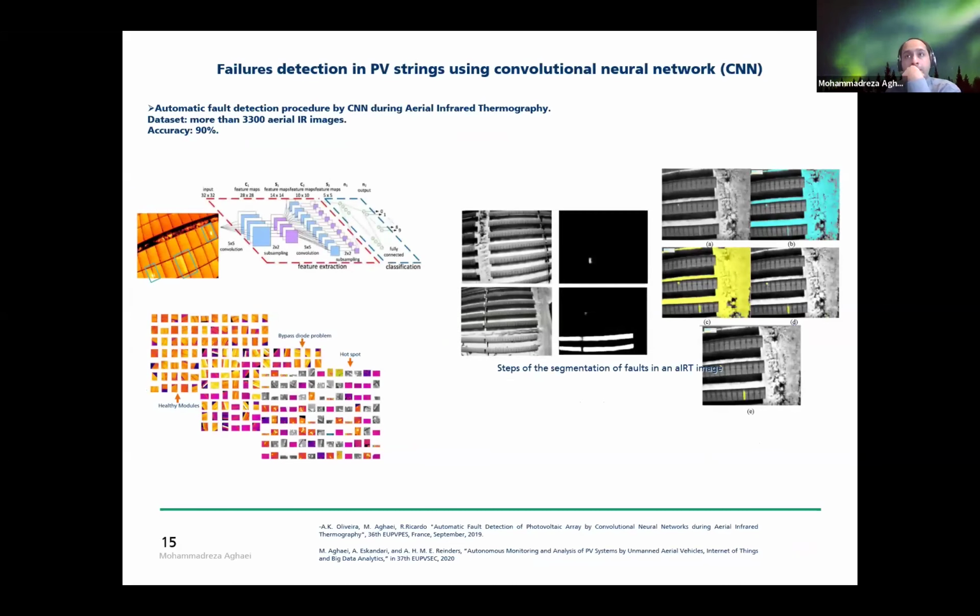In another study, we developed a novel method in order to detect hotspots, bypass diode problems, and also disconnection problems on the PV modules and strings. We used conventional methods, I mean digital image processing, and also a convolutional neural network in order to detect the failures.